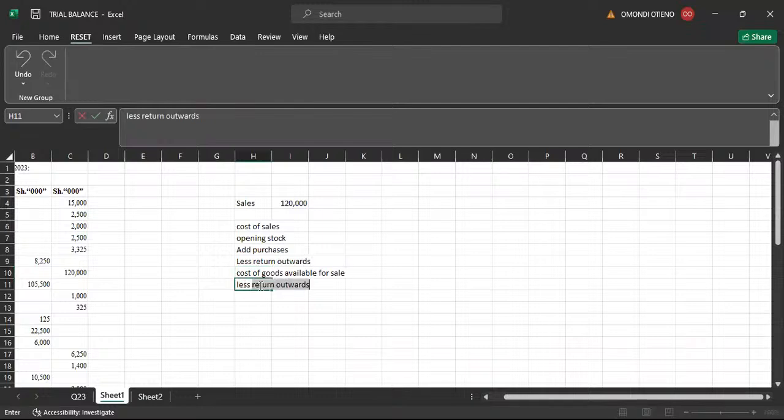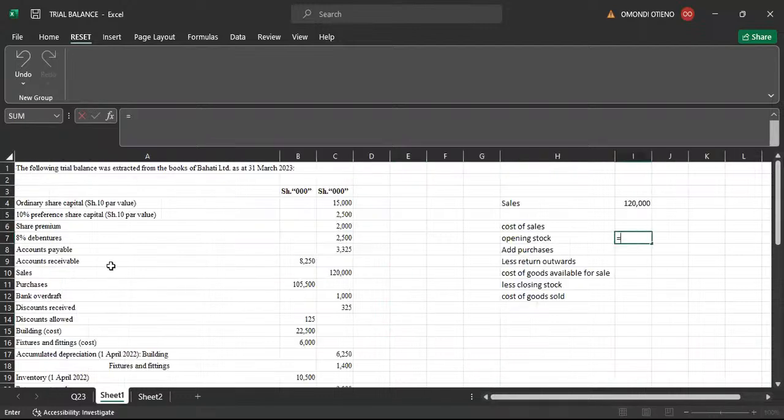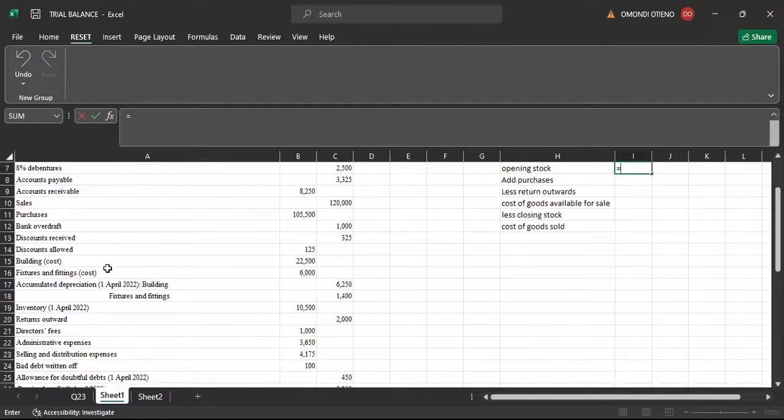Then we less closing stock. When we less closing stock, we are going to get cost of goods sold. So opening stock, do we have it in our question here?